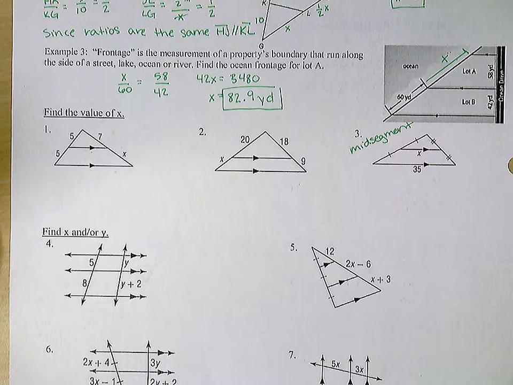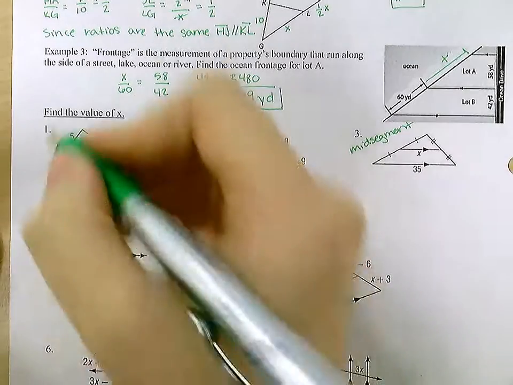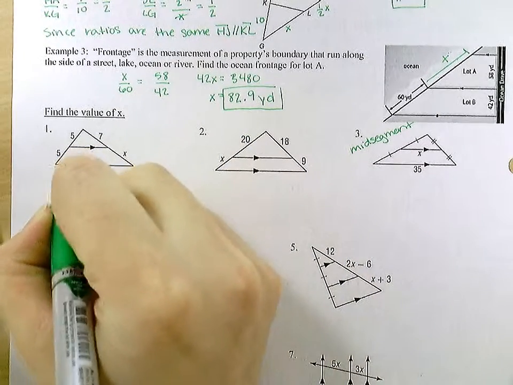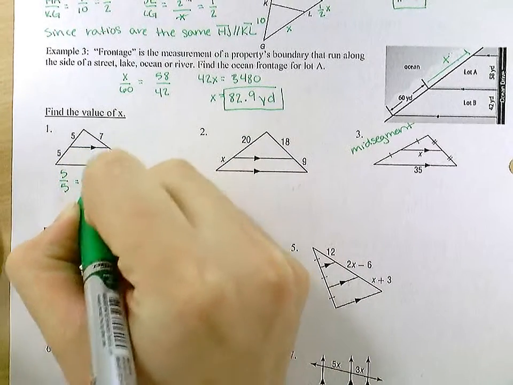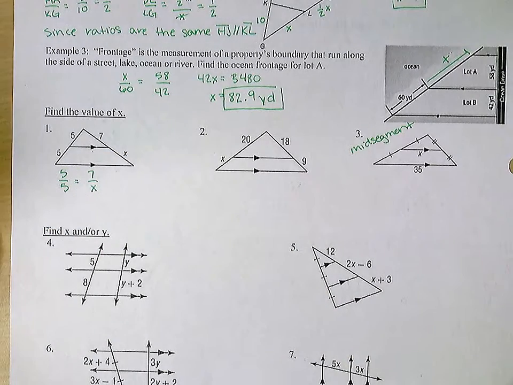All right, if you're finishing up your last couple problems here, I'm going to start going over number 1. So number 1, I set up my proportion as 5 over 5 equals 7 over x. Now, if you know that these are supposed to be equal ratios, you don't even have to cross multiply and solve.